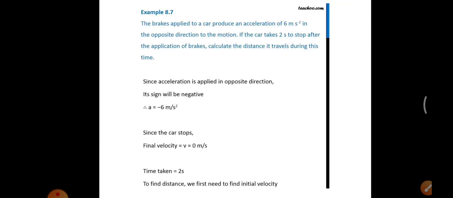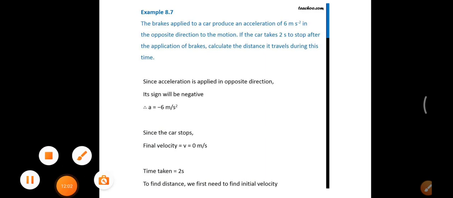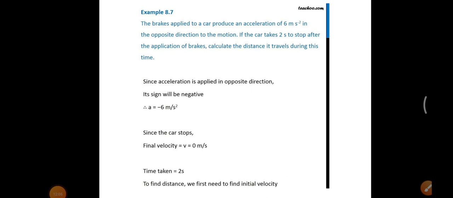The next example, sum 8.7. The brakes applied to a car produce an acceleration of 6 meter per second squared in the opposite direction to the motion.